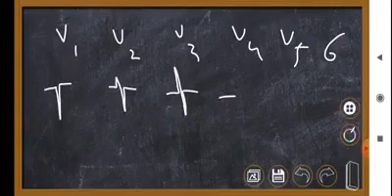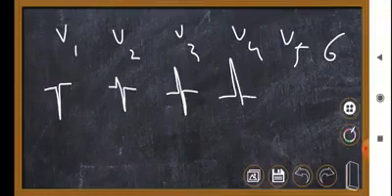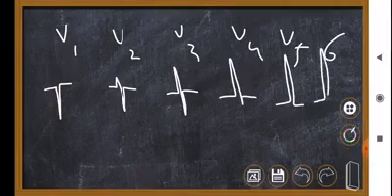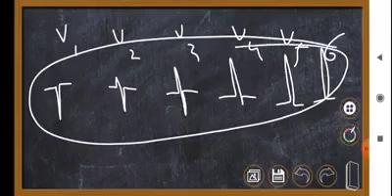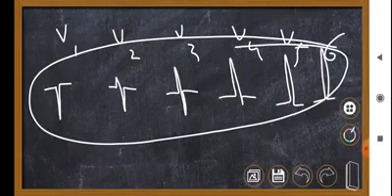In V4 it's predominantly upwards, in V5 it's more upwards, and similarly V6 is also upwards. So this is called the progression of the R wave, and why this progression occurs, I have already mentioned. Thank you very much.